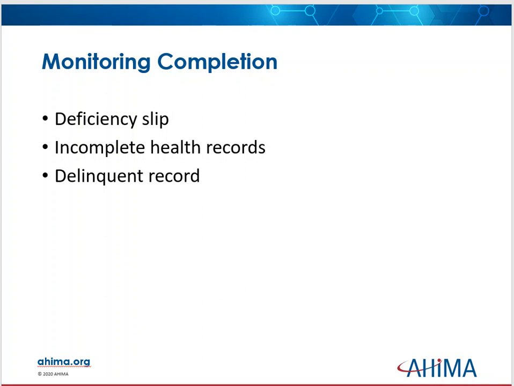They're incomplete for the first 30 days after a patient was discharged. They become delinquent after the 30 days per Joint Commission rules. So anytime a signature is needed, anytime there is a blank in a dictated report, or if there was an operation but the physician hasn't dictated or completed an operative report, all of these would require a deficiency slip.